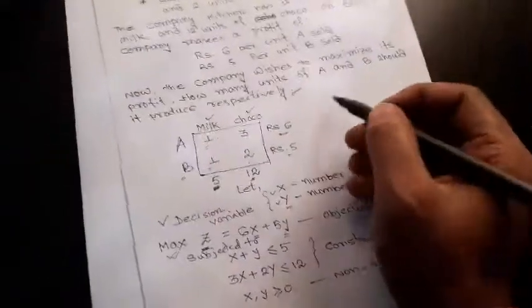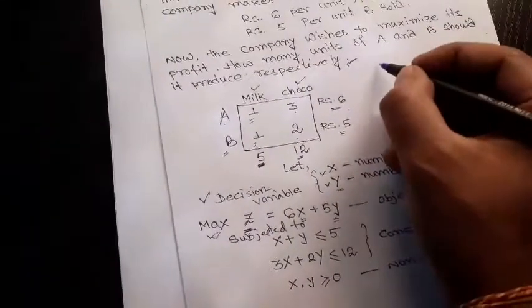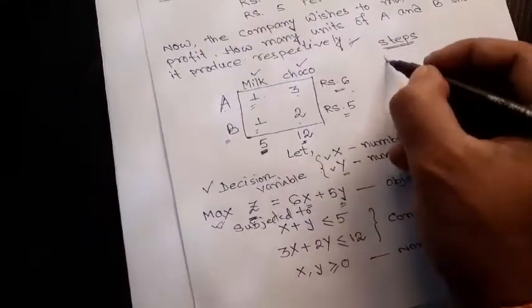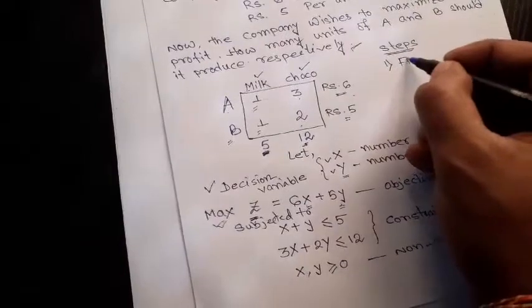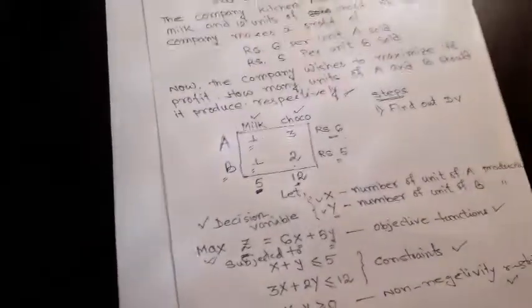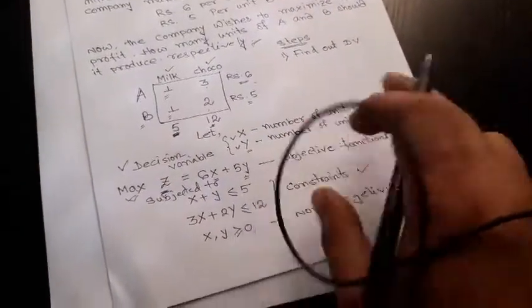To solve this LPP, there are four steps. The first step is to find out the decision variables, meaning what are the variables we need to find out first.